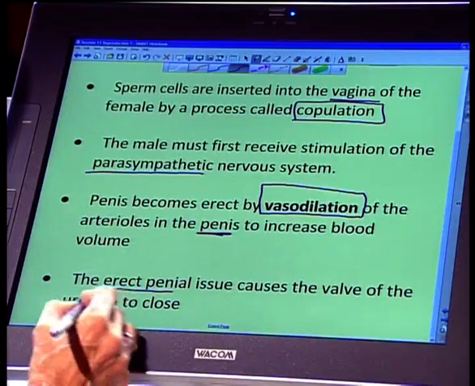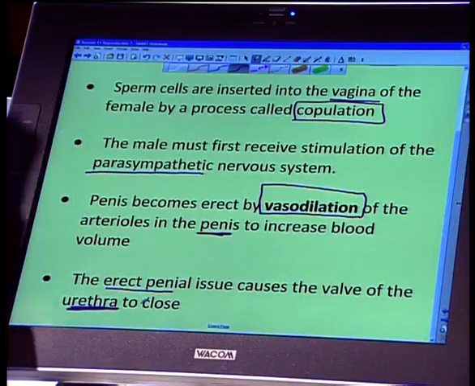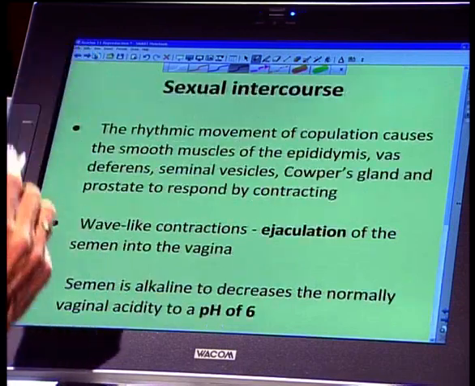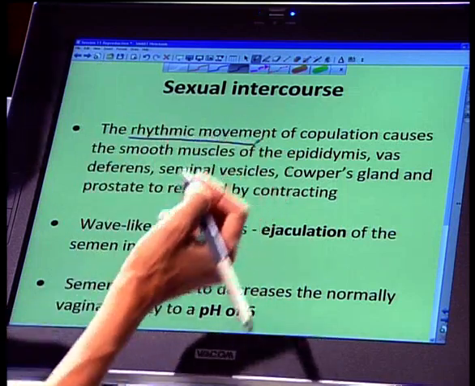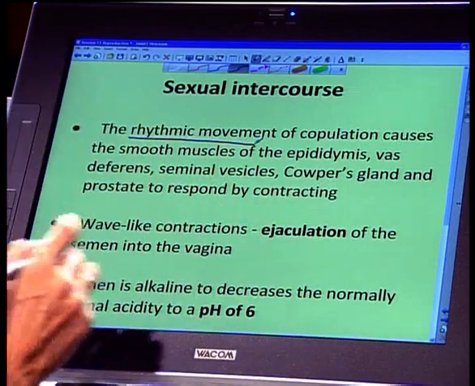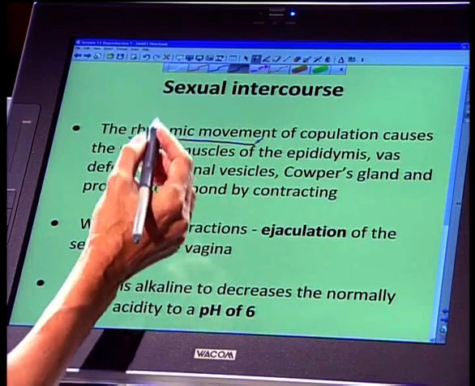And because we need to make sure that the process occurs properly and that the sperm is inserted inside the female, the penis has to be erect for that. All right? As the penis becomes erect, clearly the urethra closes, and we did this when we did the male reproductive system.